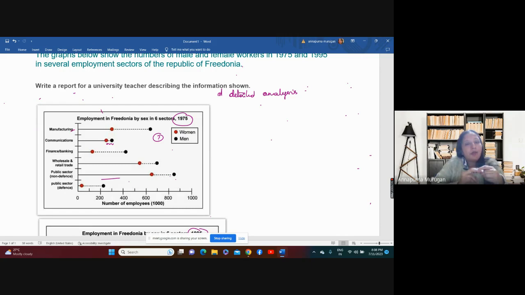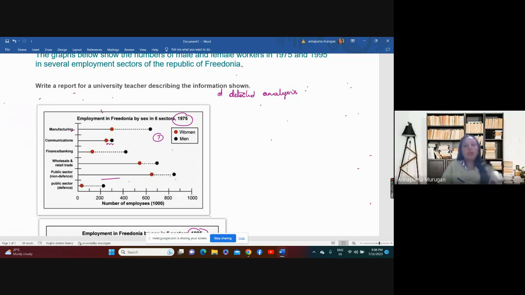Basically, different sectors of economy is a little wider assumption, so that's the reason we would not prefer to have the word economy there. Instead, you can use different fields, employment sectors, or departments. So you can use it like this.